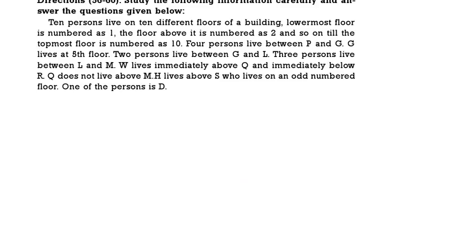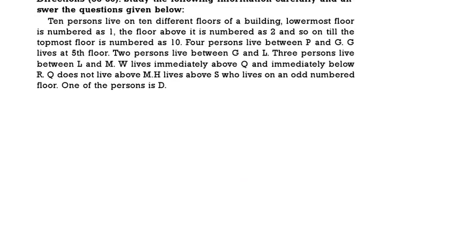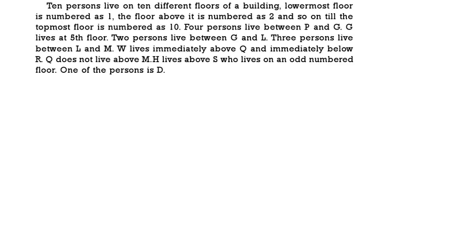Now we are having floors and persons. So all of you draw 1 3 column table, because we will do the question in 2 possibility. Floor, then person. Again this is also person.